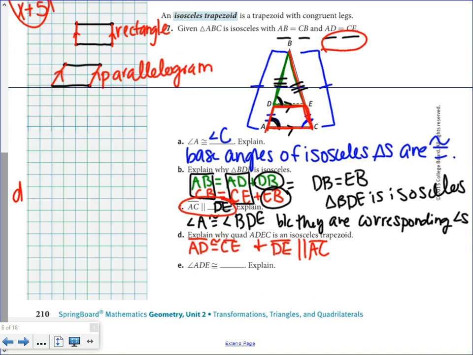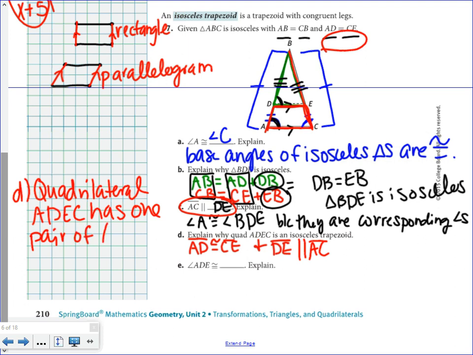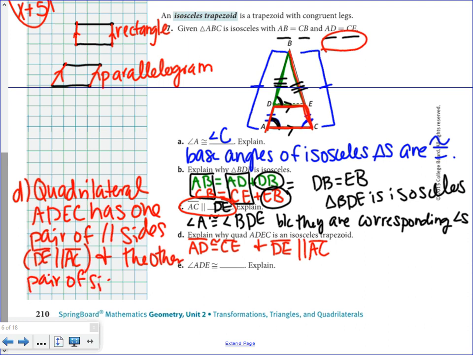So, quadrilateral ADEC has one pair of parallel sides, which was DE parallel to AC, and the other pair of sides are congruent, which was AD congruent to CE.